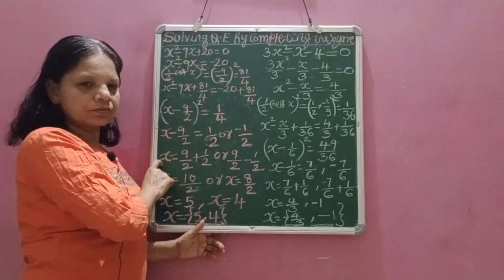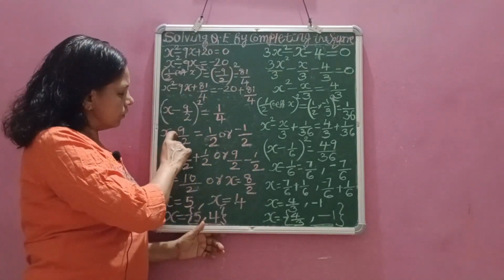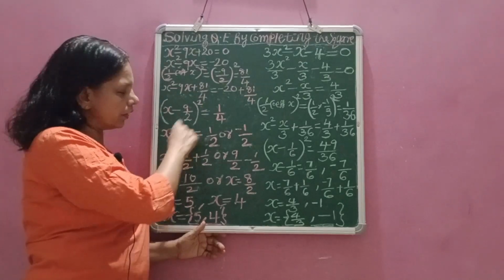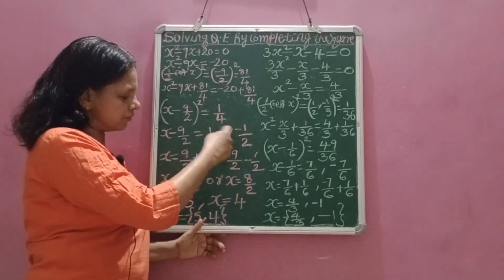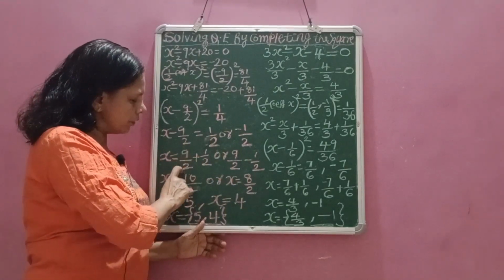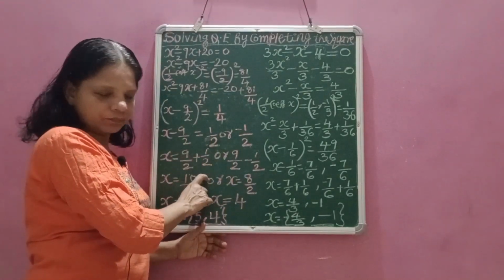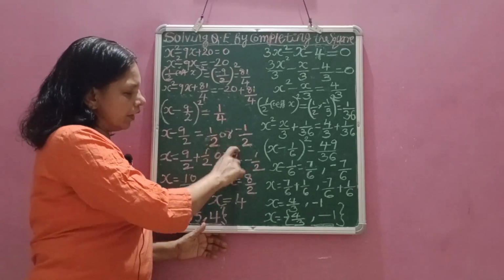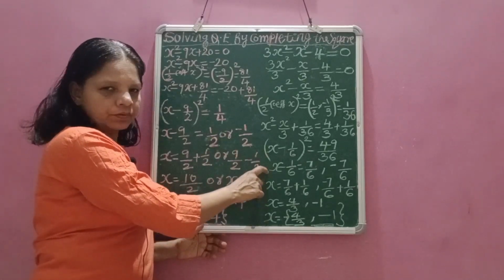So x is equal to this: minus 9 upon 2 taken to RHS becomes plus 9 upon 2. So x is equal to 9 upon 2 plus 1 upon 2, or 9 upon 2 minus 1 upon 2.